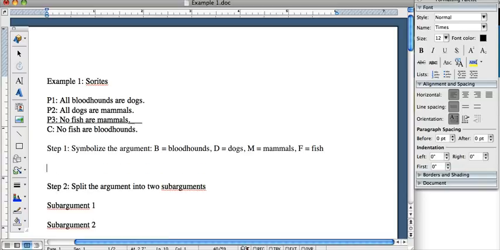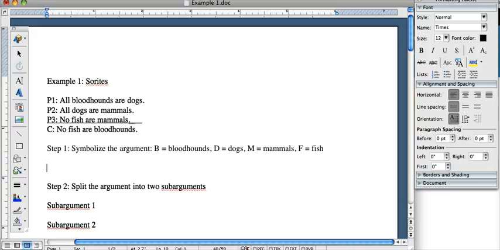And you'll notice I'm using letters that basically correspond to the classes. So B, bloodhounds, D, dogs, so on. Rather than using S, P, and M like we did in the standard form categorical syllogisms. That's because the terms, major term and minor term and middle term, don't really have the same meaning when we get to a sorites, because we're going to have a couple of middle terms and a couple of major terms and minor terms.